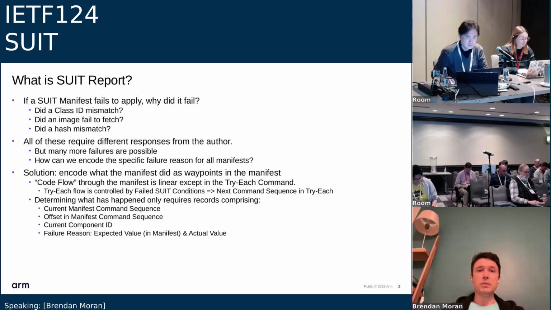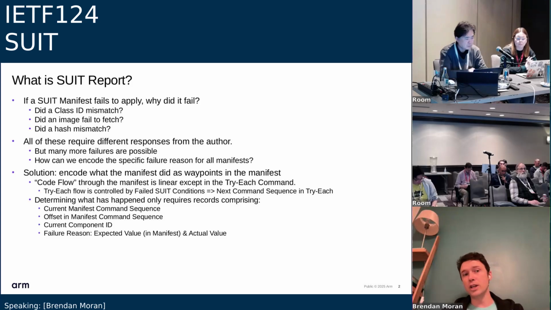Essentially, what we need in order to do that, knowing that the only deviation of flow control in the SUIT manifest is the try-each command, everything else is entirely predictable. That gives us the flow control through SUIT conditions. If they fail, then it jumps to the next command sequence in try-each.